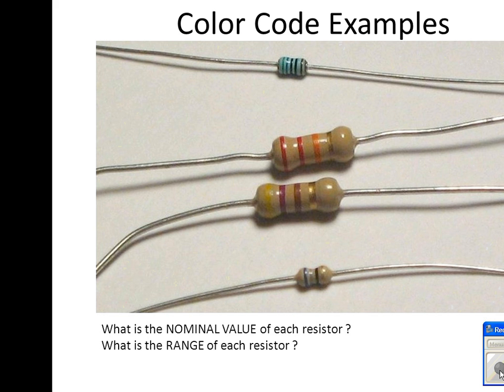So that resistor could be as high as 565.6 on the top end and as low as, how would we find the low end? Multiply 560 by 0.99. 99% is 1% low, right? So 560 times 0.99 is what? 554.4. Watch the fingers.